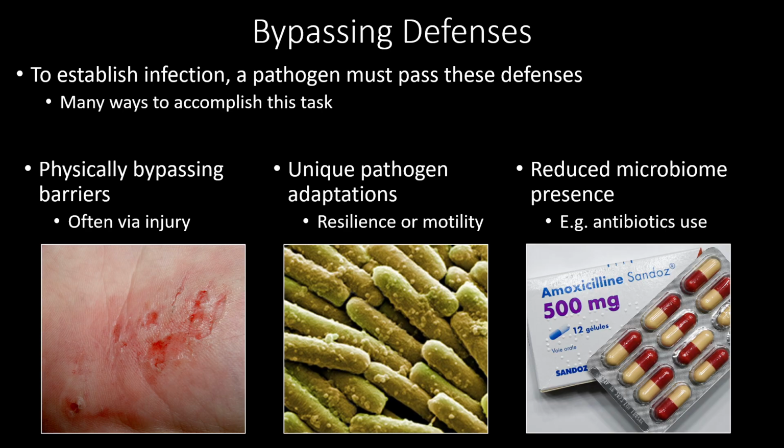You could also have the bacteria itself be capable of getting past a barrier on its own. Remember that a lot of these pathogens have evolved to be effective pathogens for humans. It's not the case that all of our pathogens are opportunistic.